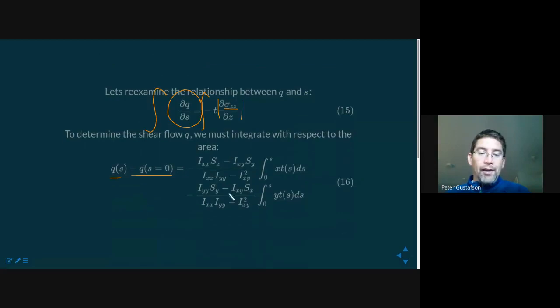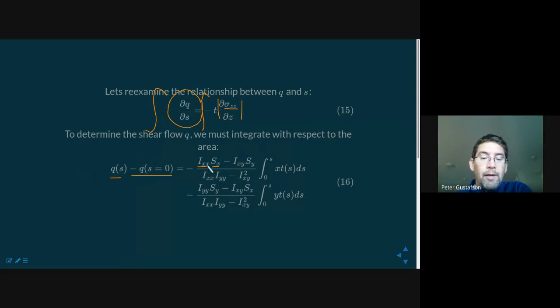But keep in mind that I and S are resultants over the entire area of the cross-section. The area moment of inertia and the resultant load over the entire cross-section are both independent of where you are in the cross-section, so they can come outside the integral.